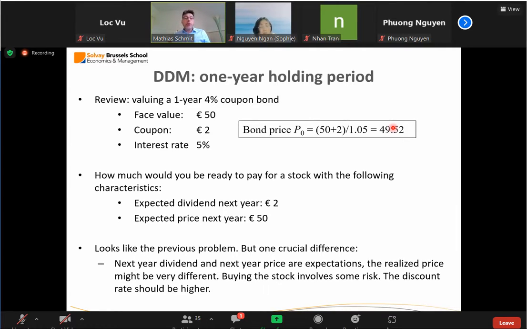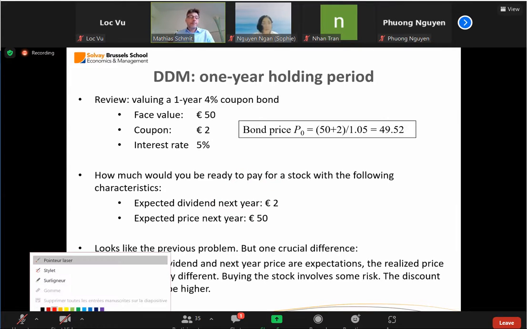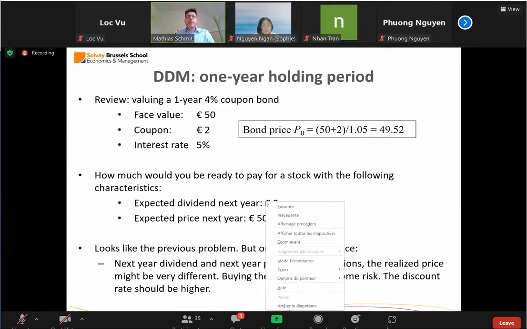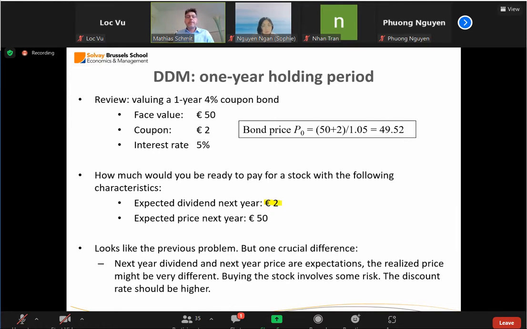Now with a stock, it is quite similar, not fully. The mindset is similar, but we have some difficulties, and we will discuss the difficulties and see how we can overcome them. For a stock, the next dividend is 2, let's assume, and we estimate the price 50.